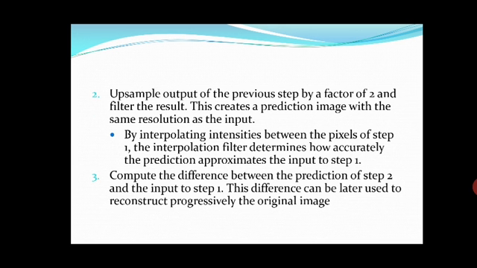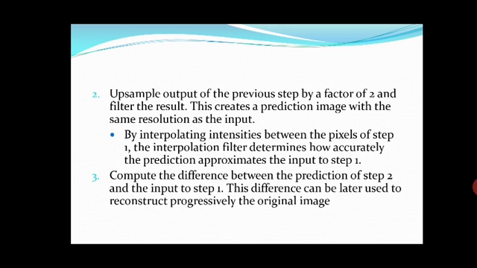In the third step, it computes the difference between the prediction of step 2 and the input to step 1. This difference can later be used to progressively reconstruct the original image.